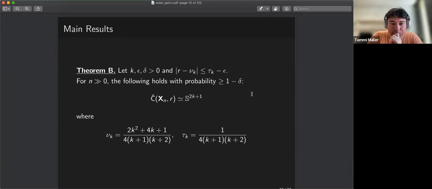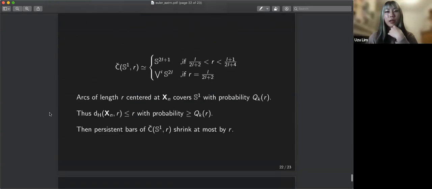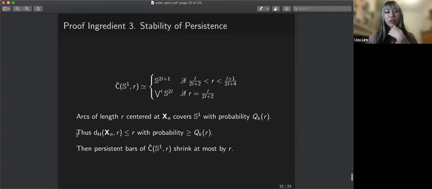I see. Yeah, so I was expecting the probability to depend on some quantities that depend on delta. So if you go all the way down, there's a more precise version, it's not really on this slide.